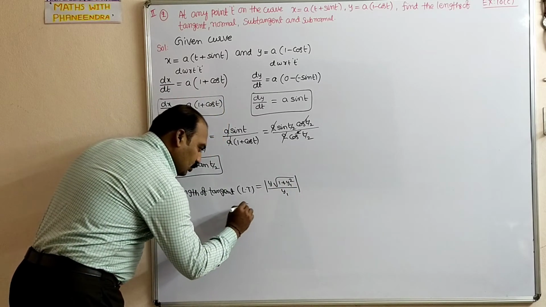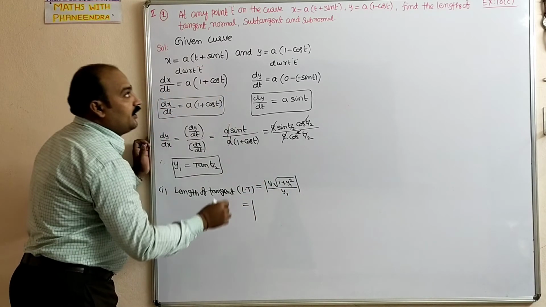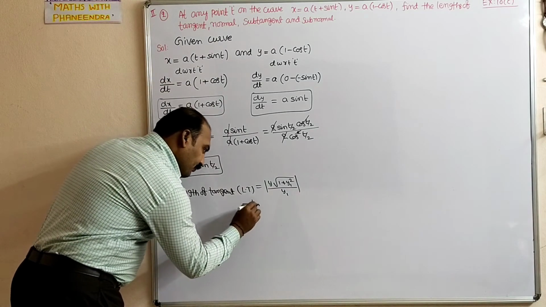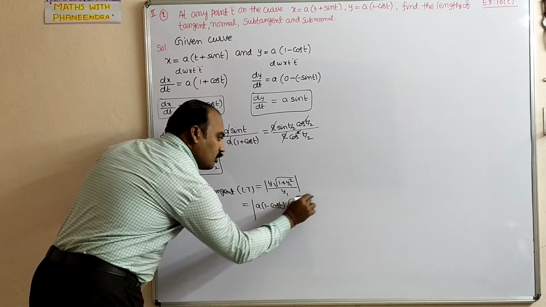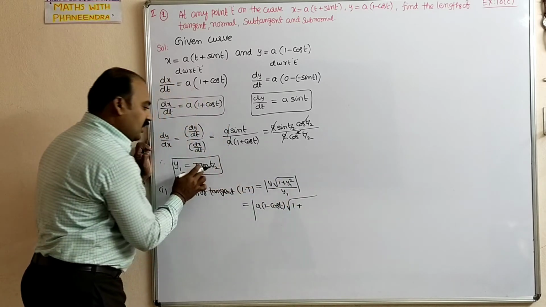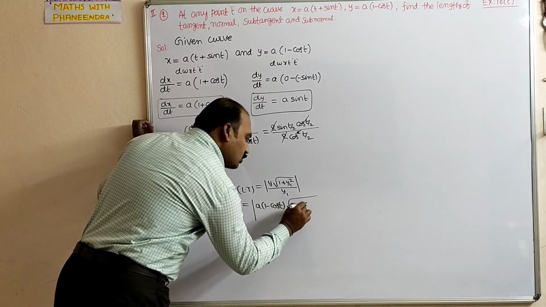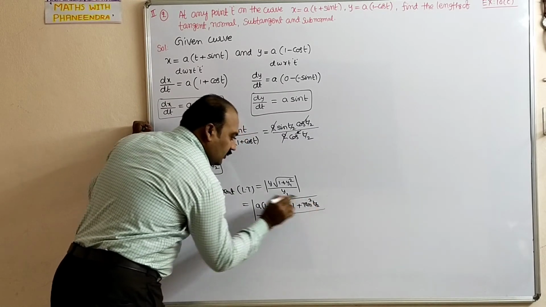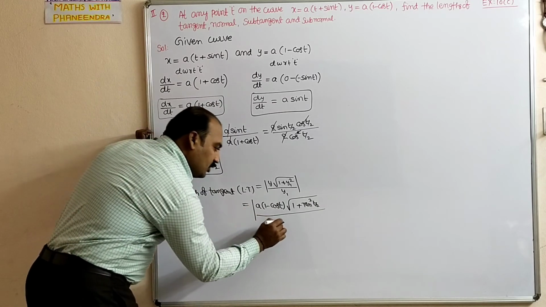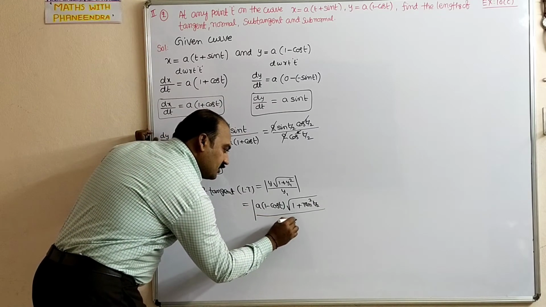Y means a into 1 minus cos t, square root of 1 plus y1 square. Y1 value is tan t by 2, that means tan square t by 2, divided by y1, where y1 means tan t by 2. We can simplify.